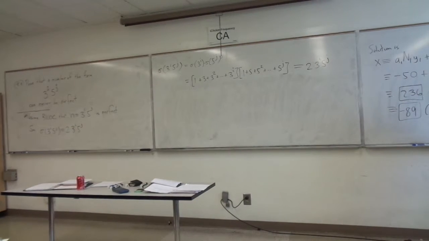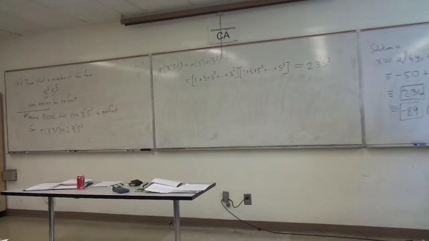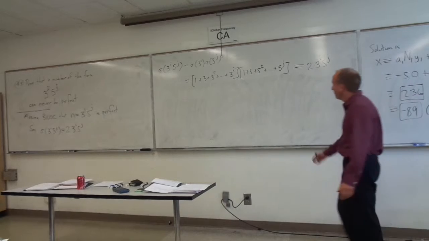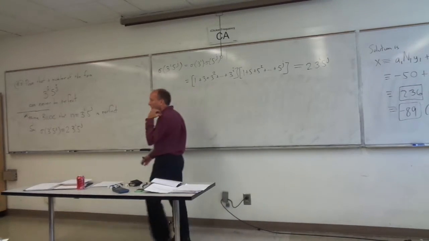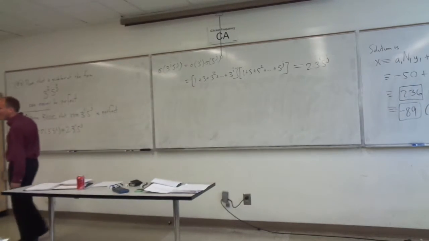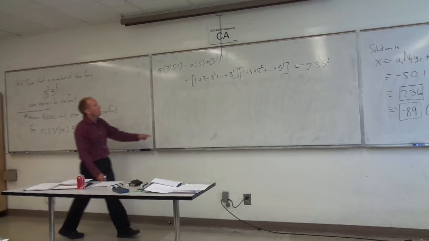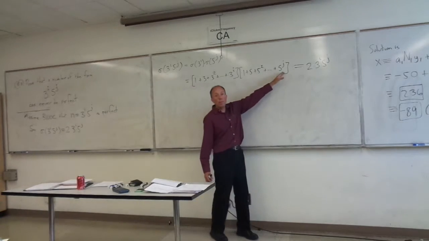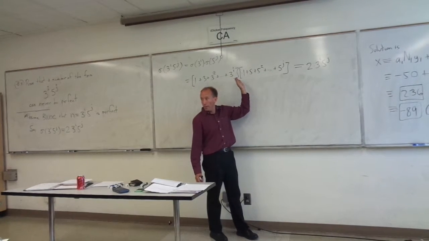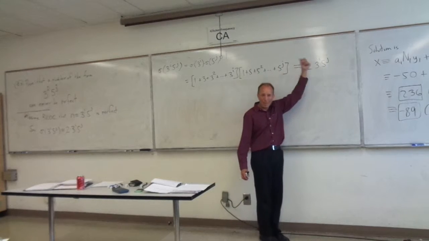All right. Any ideas what we can do now? We're trying to get a contradiction out of this equation. Well, we know that last term would be 3 to the i times 5 to the j. Now the biggest term on the left side is actually half of the right hand side.